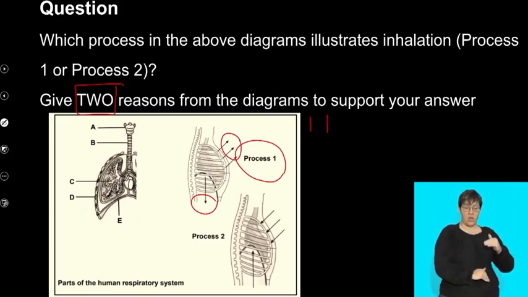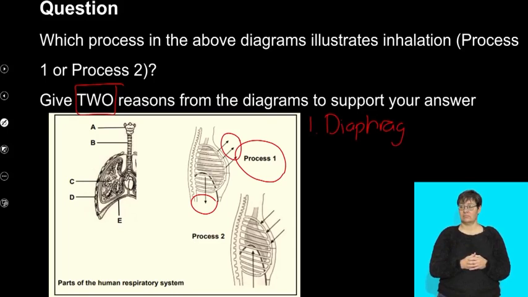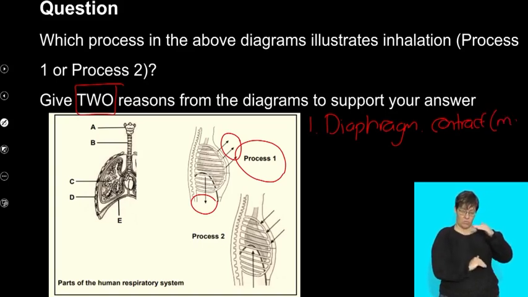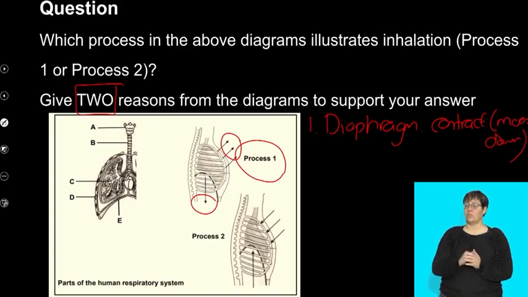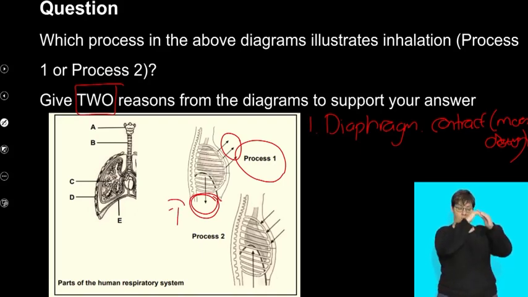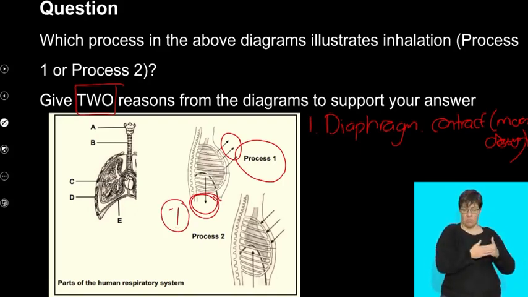Number 1, the diaphragm was contracting, and here you can put moves down, because that's what we saw, the diaphragm moving down. And we know that during that, contraction occurs.